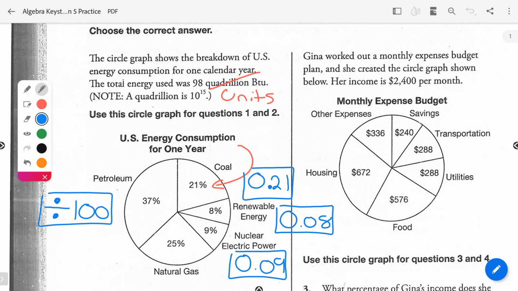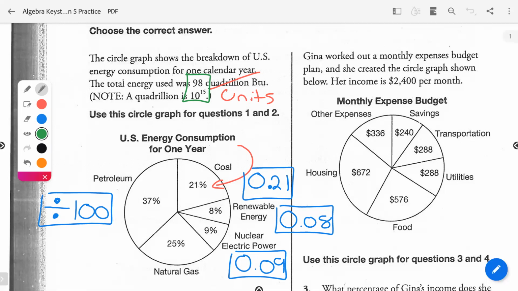Okay. And now, once I have these decimals, let me explain how you use them. When you make a percent into a decimal, it takes on a new name, called a multiplier. Hence, you're going to multiply. You're going to use it with the other number involved in the problem that is so important, and that is the grand total. My entire circle graph was broken down into 98 pieces, 98 parts, 98 units.